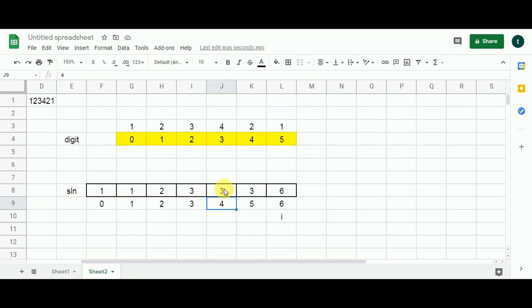So let's first take a look at the subproblem represented by this cell. So here the subproblem was 1, 2, 3, 4, and the current subproblem was 1, 2, 3, 4, 2, 1. The possible decodings till here were, and straight away when we populated 3, the possible decodings became 3.